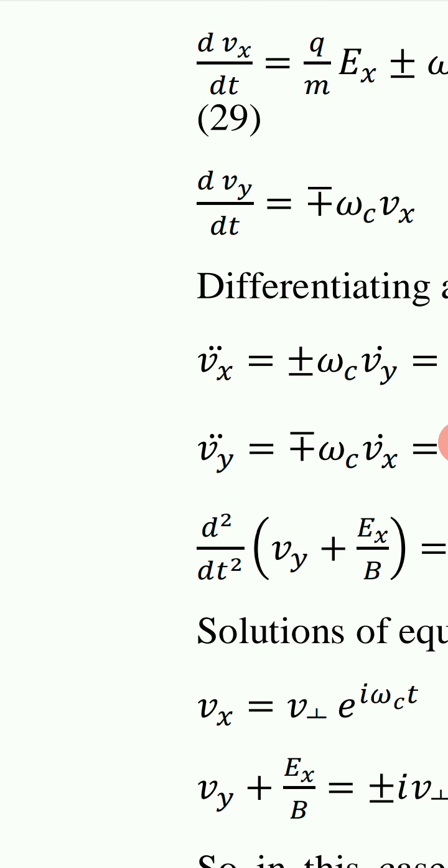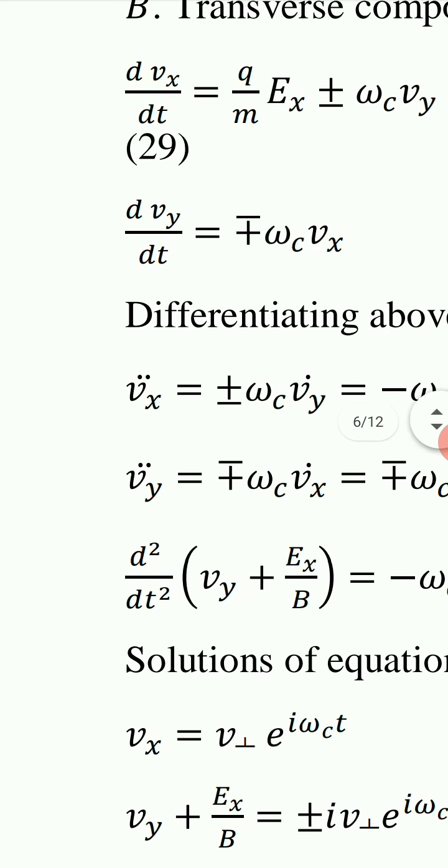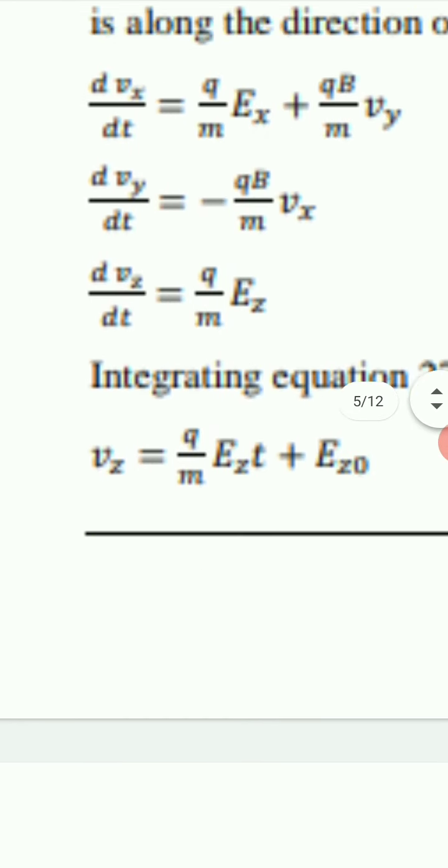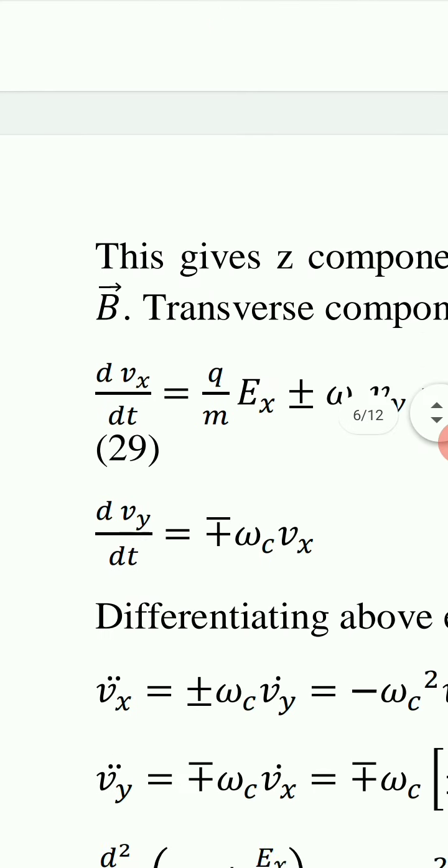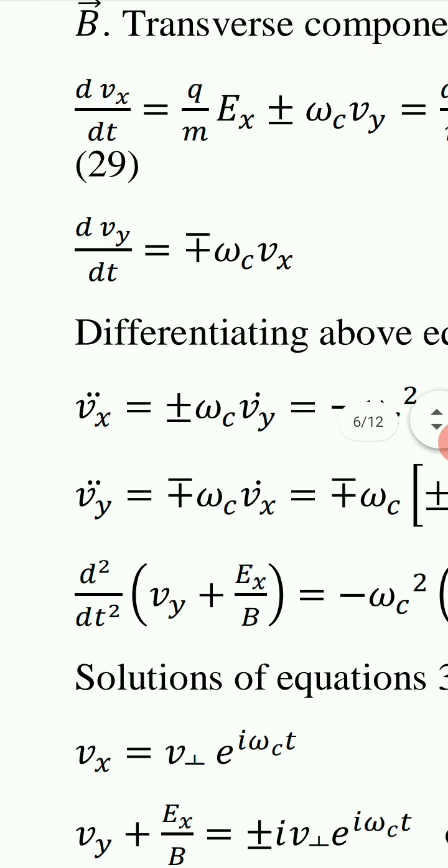29, and similarly for the y component we have dVy upon dt equal to, this is the equation for the y component, dVy upon dt equal to minus QB upon M Vx. Here also we write QB upon M as equal to plus minus omega c. It is multiplied by a minus sign, so this plus minus sign becomes minus plus.